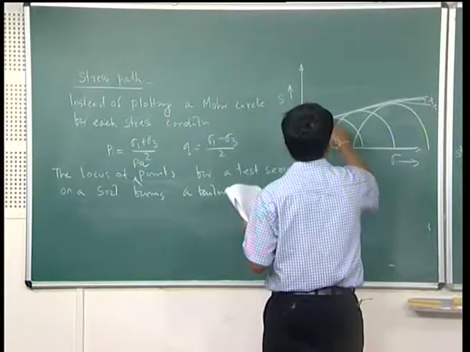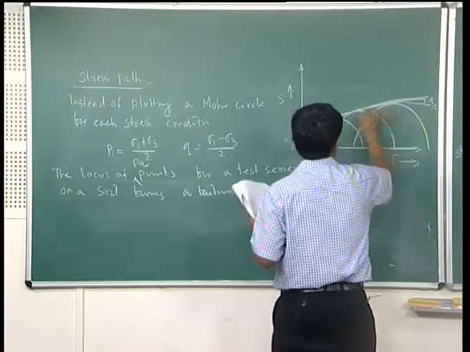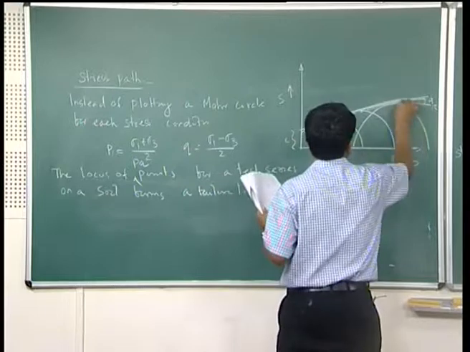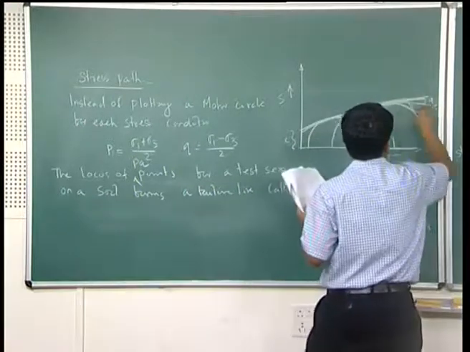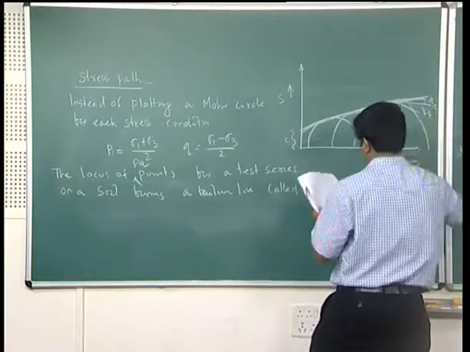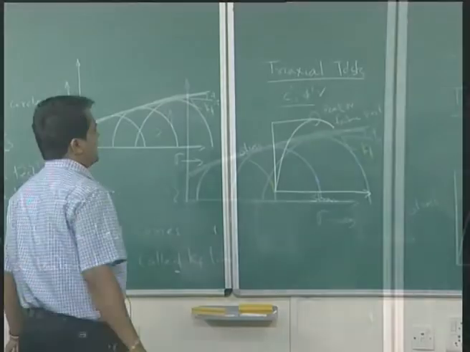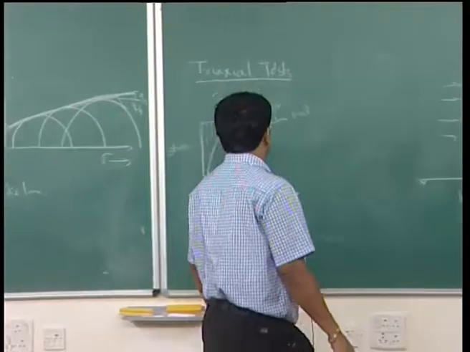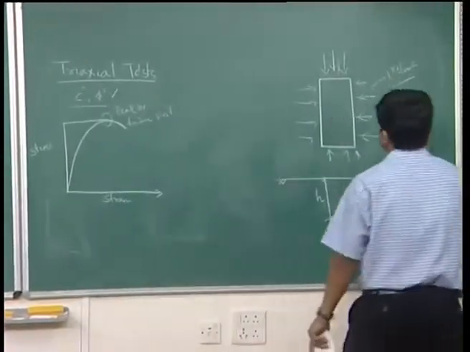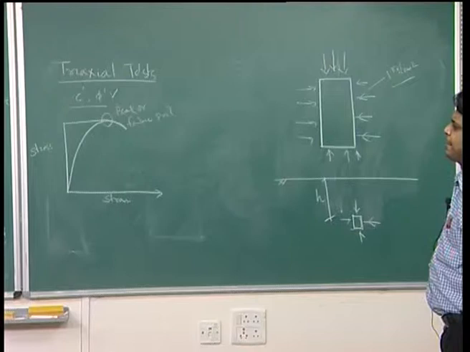Now, this failure line is at the middle. The KF line is different from your failure plane. From the PQ diagram you will get your KF line. Now, the moment you say triaxial test, how do you get sigma 1 and sigma 3?